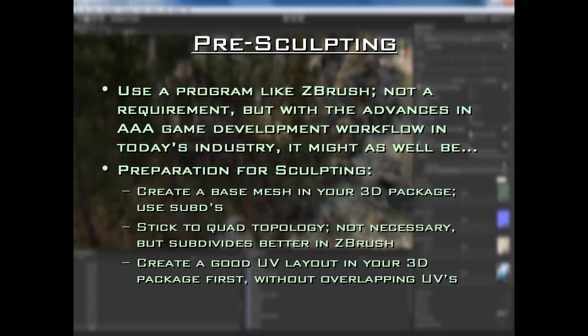You have to have a UV layout on your low-res object in order to normal map properly. Technically, you could bring an object with overlapping UVs into ZBrush. It's not going to make ZBrush crash or anything like that. However, when you start normal mapping onto an object that has overlapping UVs, you will more often than not run into technical issues, artifacting, overlapping issues, and things like that.